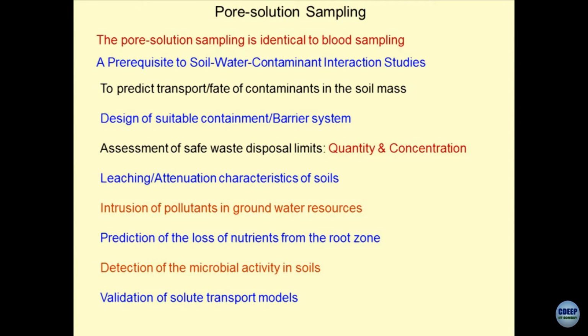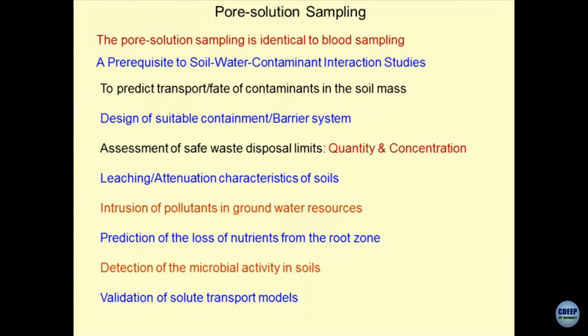So, one of the challenges which environmental geomechanics professionals are facing is how to predict the loss of nutrition from the root zone because of over irrigation. Alright. So, over irrigation leads to loss of nutrition also. All the nutrients which are present in the soils might get detached, and this system might be equivalent to leaching of nutrition from the porous media. So, this type of situation has to be avoided.